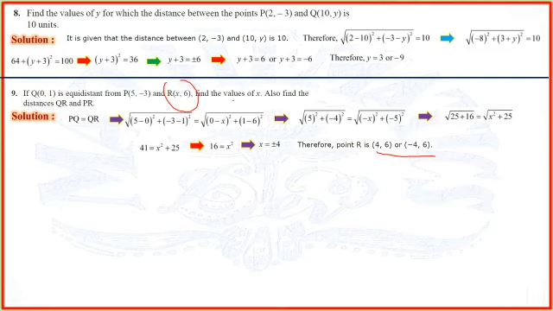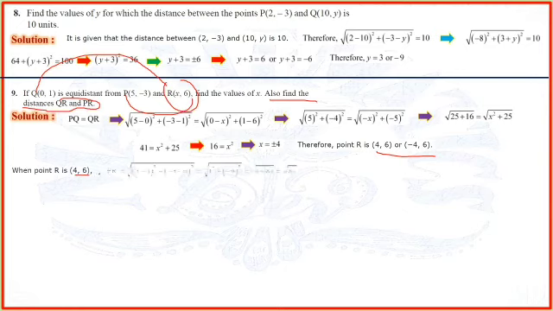Now our next part of this question is also to find the distances QR and PR. So that means QR, this distance, and then PR means this distance numerically. So for that, when point R is (4, 6), then the distance between P and R, that is 5 minus 4, x is 4 now.